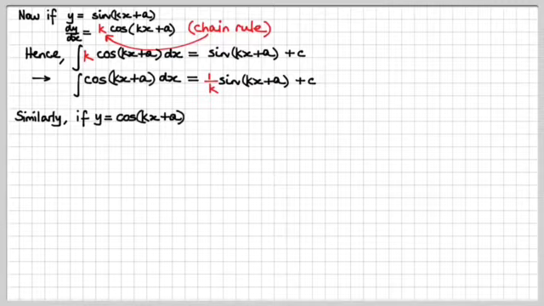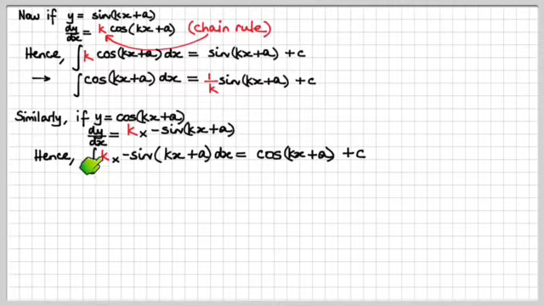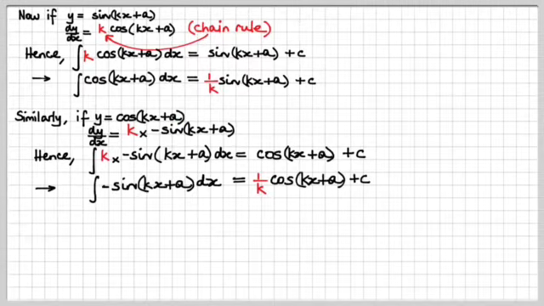Similarly, we could do the same thing if y equaled cos of kx plus a. We know that the derivative would be k times minus sine of kx plus a, and therefore if we went backwards and anti-derived our derivative, we would get back to the original function up here, plus c of course. But if we anti-derived this derivative without the k in front, we'd have to put 1 over k in front to reverse the chain rule effect of deriving.